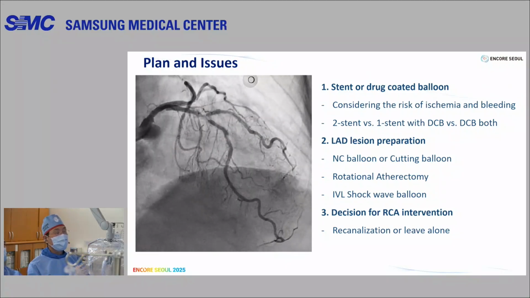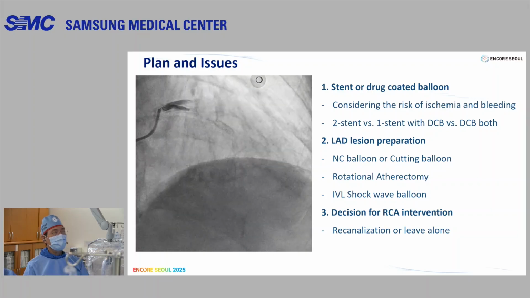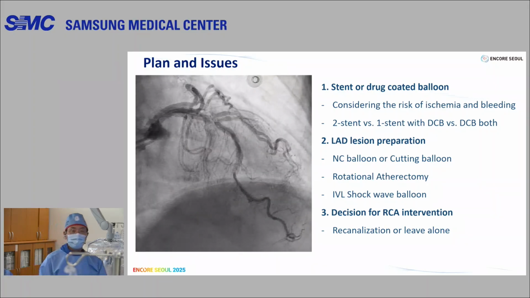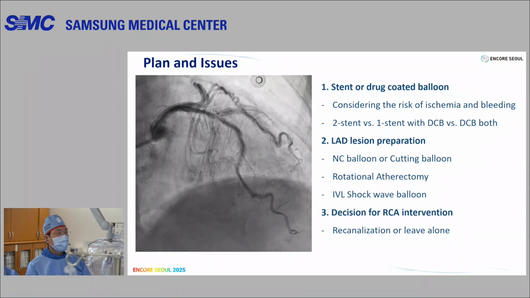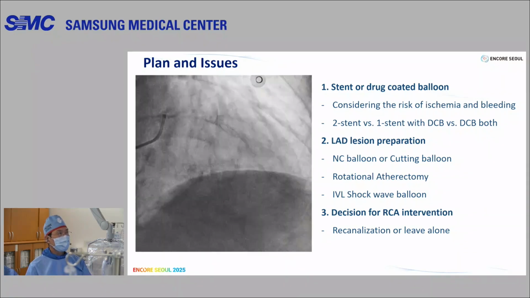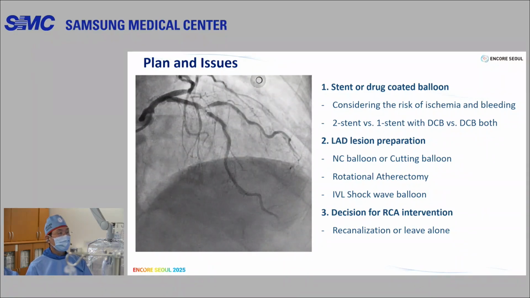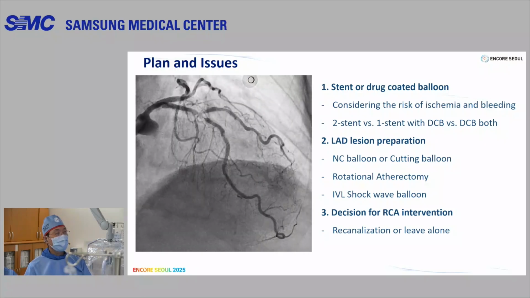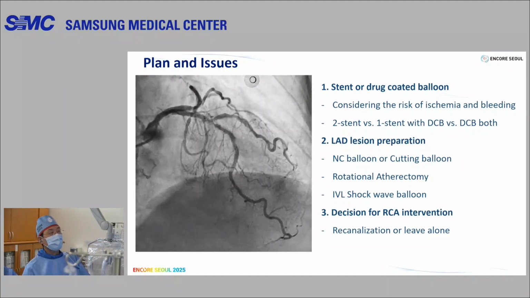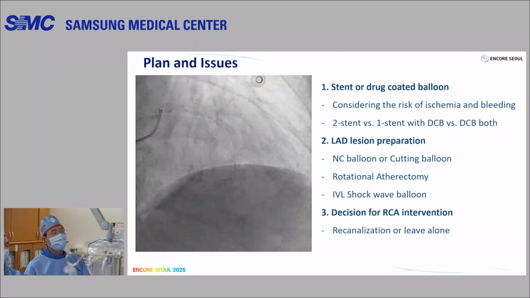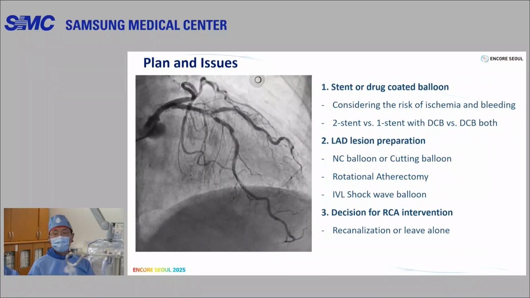So this is an HBR patient. I like to treat this patient as conservatively as possible. And this is a true bifurcation LAD. Maybe you think about a two-stent technique, but you can see here a very highly calcified lesion, right? This is very unlikely to end up with the balloon itself.